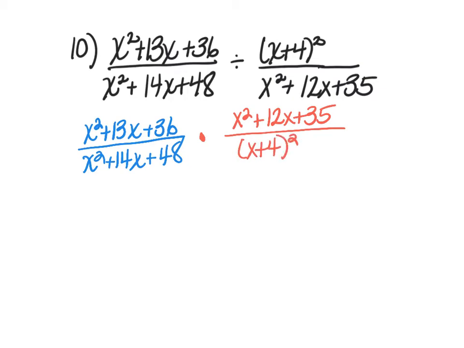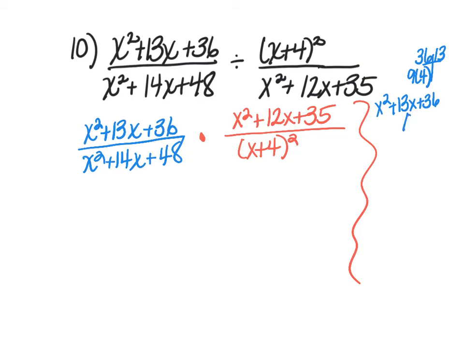All right, now it's time to do all our factoring. The first numerator is x squared plus 13x plus 36. So a times c is 36. Factors of 36 that give me 13. That will be 9 times 4. So I'm going to split up b into a 9x and a 4x.